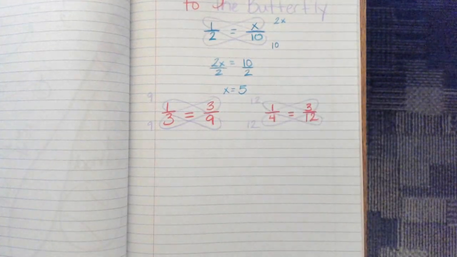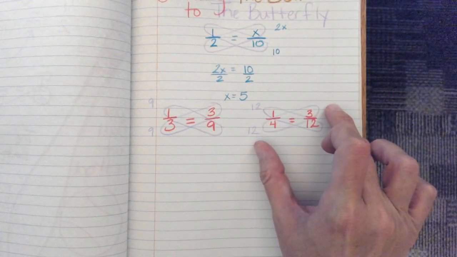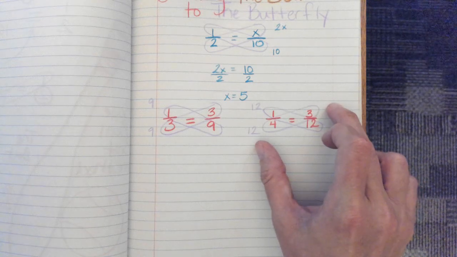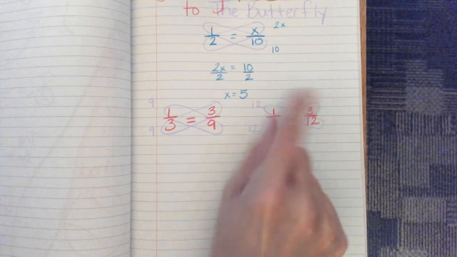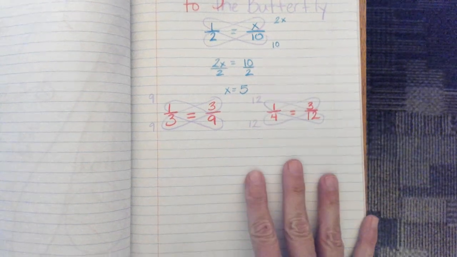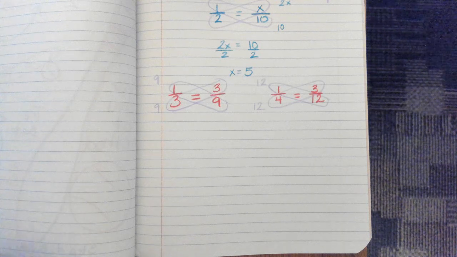So the butterfly helps you know that when you multiply the denominator from one side with the numerator from the other side, it's going to be the same as the flip, the numerator from the other side and the denominator from this side. And so with a proportion, you can find missing numbers.